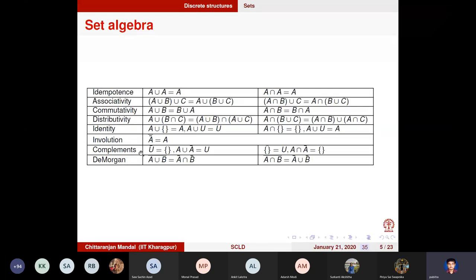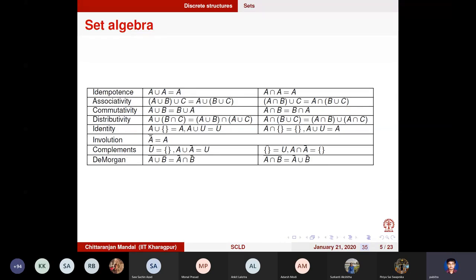Then you have associativity. Okay, by the way, one more thing I forgot to mention: I said that expressions in an algebra are some operands, in this case some sets, and some operators, in this case only 3 operators, union, intersection, and complement. And these operands are combined by these operators. One thing you can use in writing down an expression is parentheses, which basically tell you the precedence, the order in which you should apply the operators.